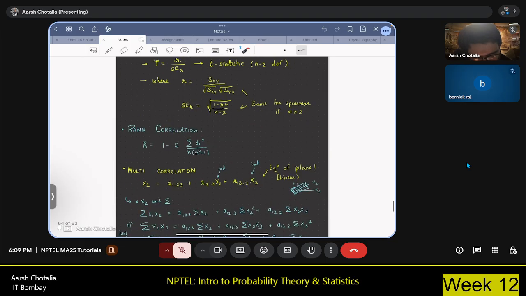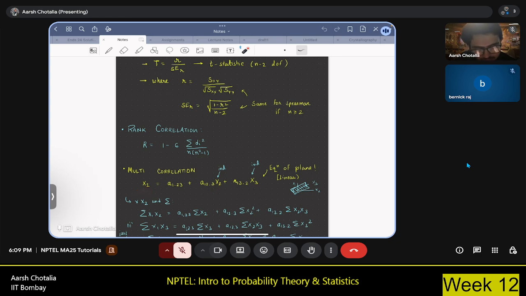Okay. We can do multi-correlation also. As you know that output could depend on multiple inputs. So inputs are called independent variables. So I can change either x2 or x3 to induce a change in x1. All right.